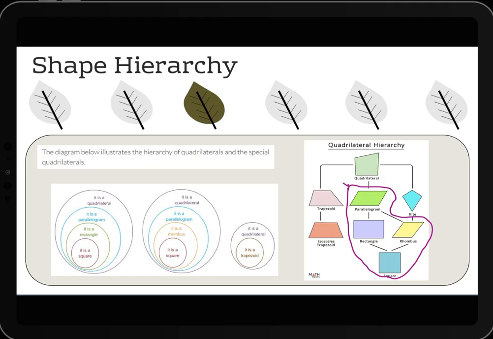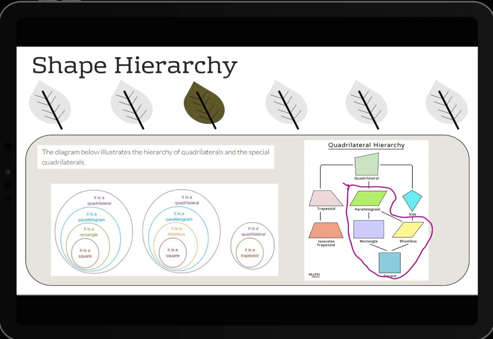However, rectangles and rhombuses are not the same shape, which is why they're not one inside of the other. Of course, you also have a trapezium on the far side there, because trapezoids are, by their very nature, not parallelograms, so they don't have the same properties.